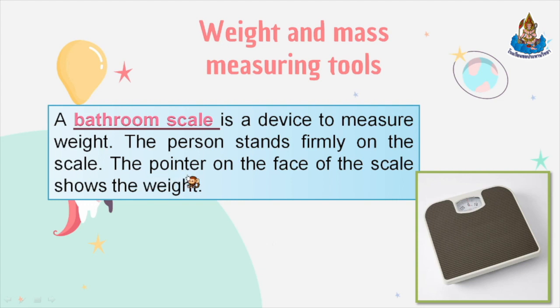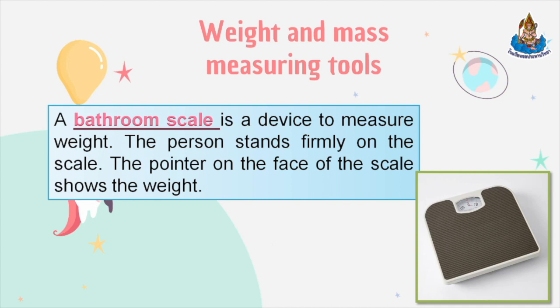The pointer on the face of the scale shows the weight. Can you see this pointer over here? This color red. Tiny, teeny, tiny red. So I know that you're familiar with this, P2. We use this to measure our weight, right?